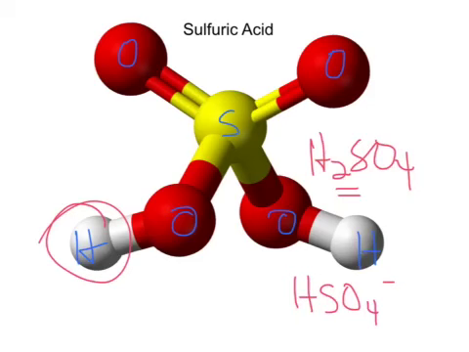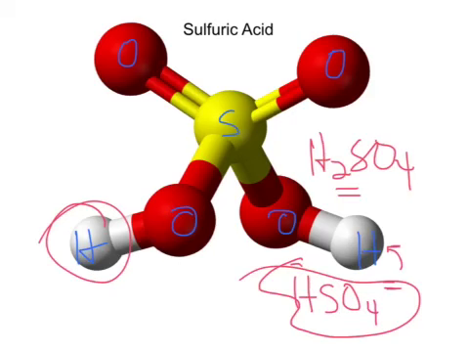And since we've lost a proton and we now have a species that has a negative charge attached to it, trying to remove that second proton is going to prove to be a little bit more difficult. Remember, we have an overall negative charge on here, and so to remove another proton is going to take quite a bit more energy. So the first hydrogen will ionize very readily from sulfuric acid. The second hydrogen ion will not.